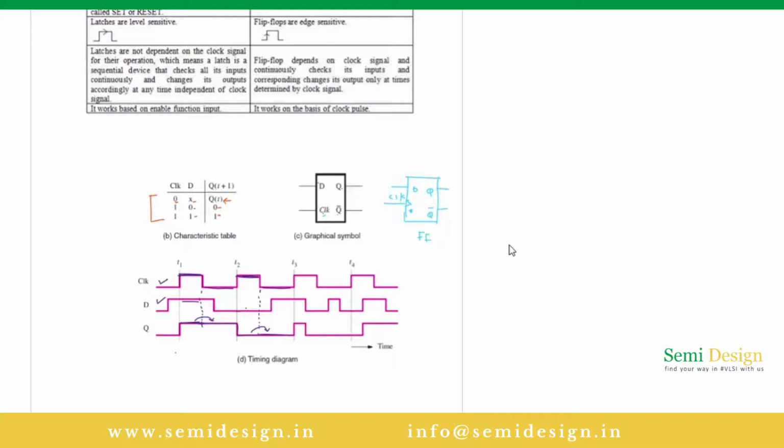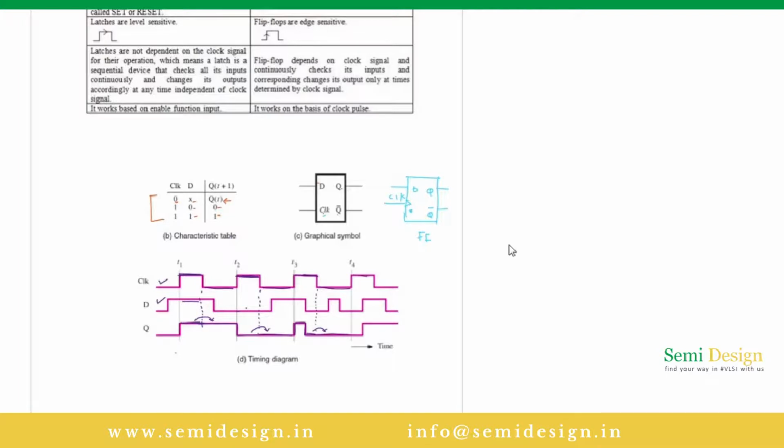Next active level is this positive level. Whatever data is present will be transparent to the output. This is what the data is, so this will be transparent to the output, and during this negative level it will retain its previous value. What is the previous value? 0.